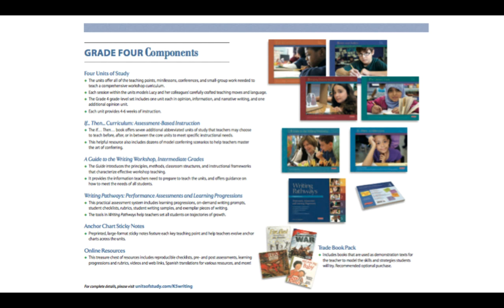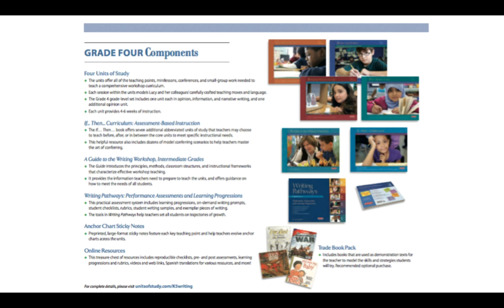attain goals from there. Each kit will contain a pack of anchor chart sticky notes. These pre-printed large sticky notes feature teaching points and strategies to help students become better writers within the genre of study. These anchor charts evolve over the course of a unit and are used for students to reference.